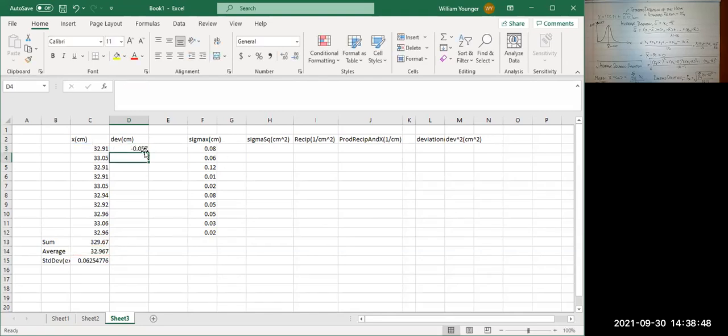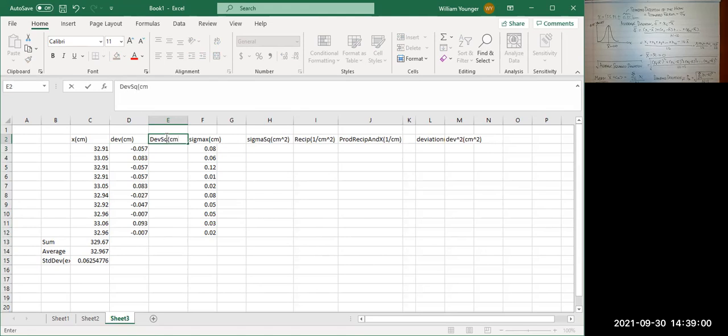So that's my deviation. And that's all my deviations. Now I'm going to do my deviation squared, which should be in centimeters squared. Okay, so now I'm going to take this number and square it.